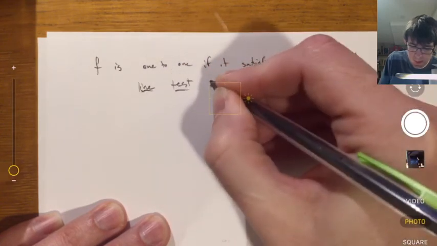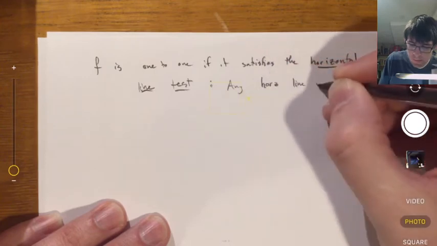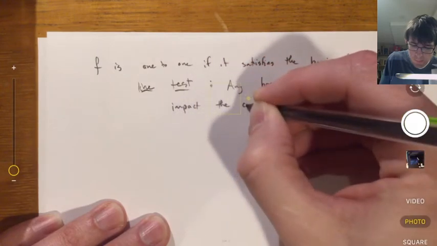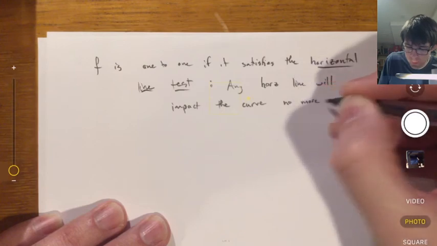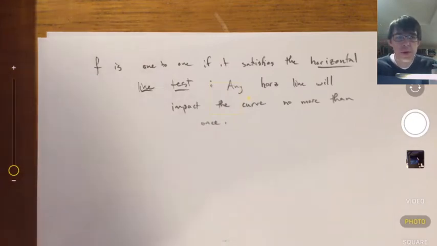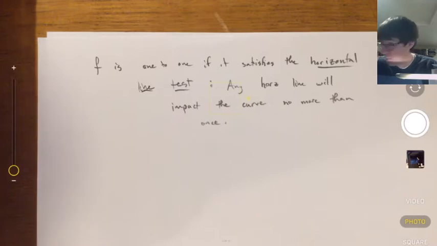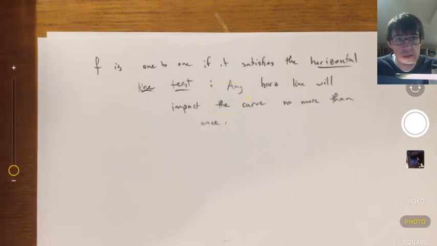And that just means that any horizontal line on the graph will impact the curve, I will say, no more than once. It's okay if there's some y values that are just completely absent. That still counts as being 1 to 1. So if you draw a horizontal line and it just doesn't touch the curve at all, that still is okay. But what's not okay is if the horizontal line hits the curve twice, or any number more than once.